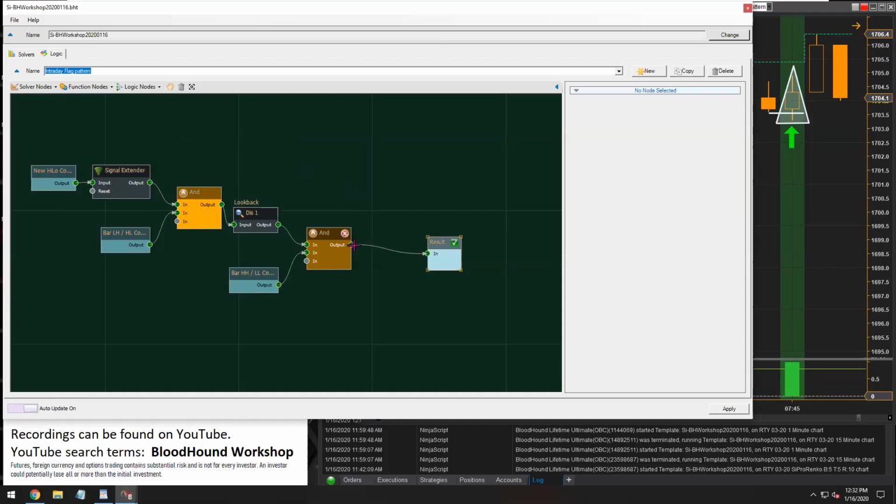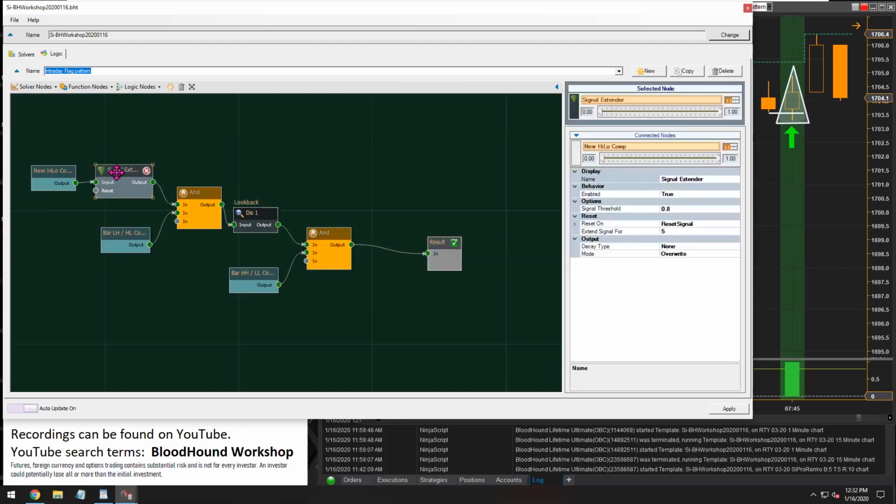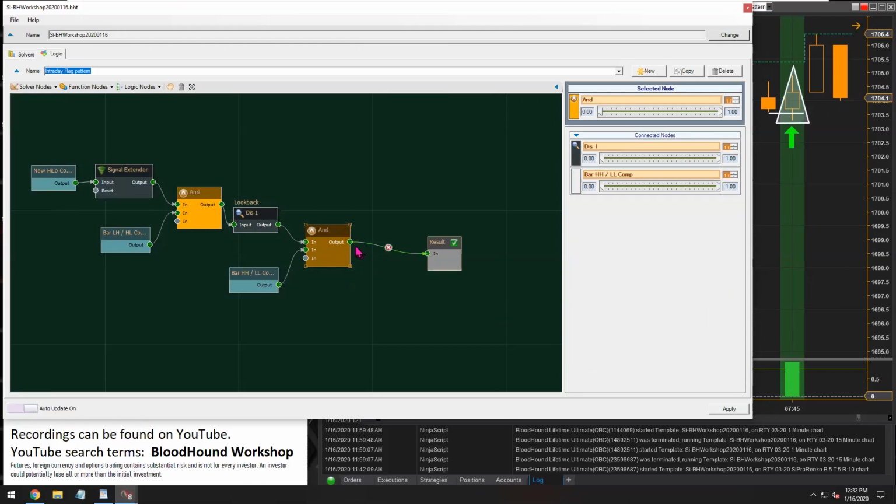So you're not allowed to make a circular feedback logic. When you create feedback logics like that, you can get infinite feedback loops. So the signal extender is connected into the AND node, into the look back, and then into this AND node. So I can't take one of these AND nodes and feed it back into the system, because that would create an infinite loop. Well, I'll have to think about that.